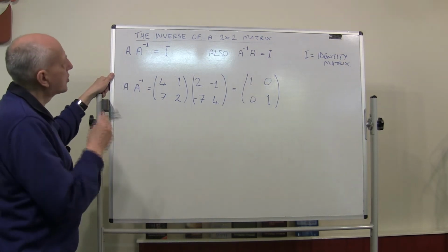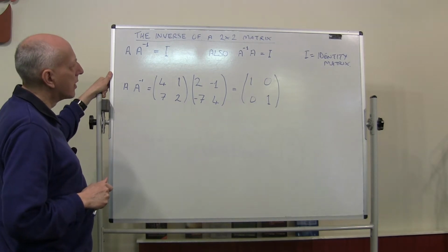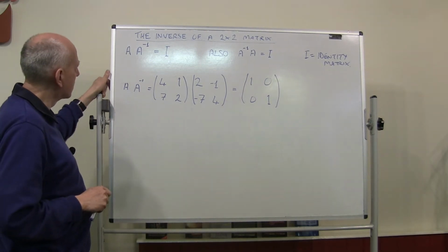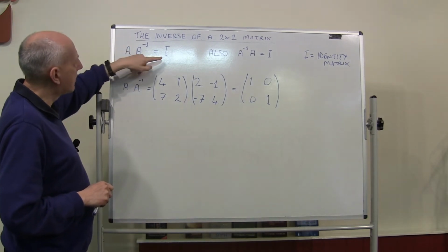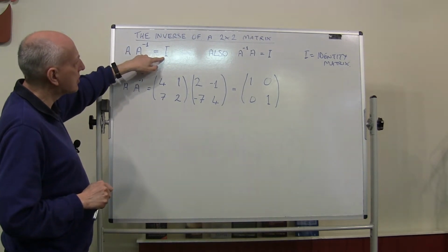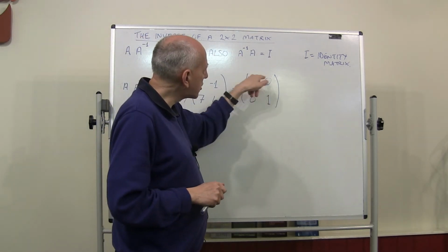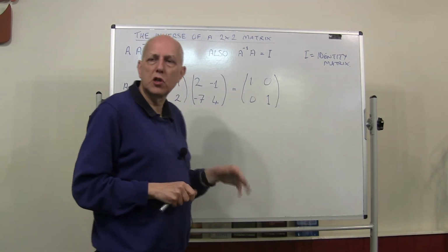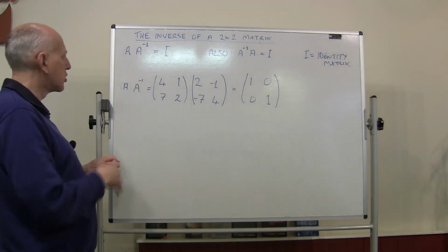So we're going to use one of the rules of matrices, looking at the inverse of a 2 by 2 matrix. If you multiply the matrix A by its inverse, you get the identity matrix. Remember that? This is an identity matrix where you've got diagonals of 1s and all the other numbers are zeros. It doesn't have to be 2 by 2, it can be 3 by 3, 4 by 4, the same principle.